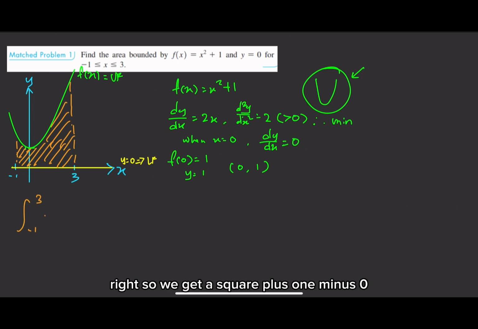So we get integral of x squared plus 1 minus 0 dx, right?